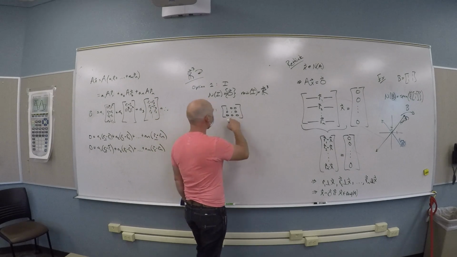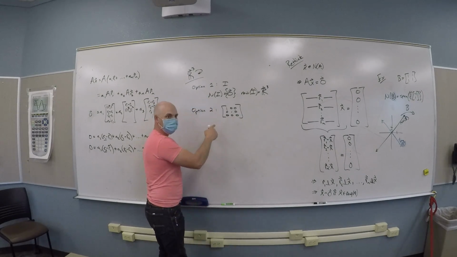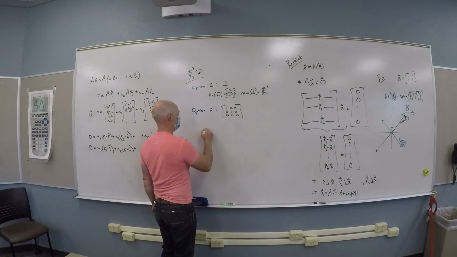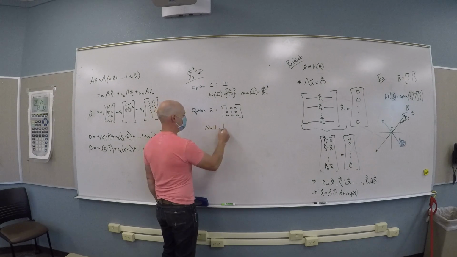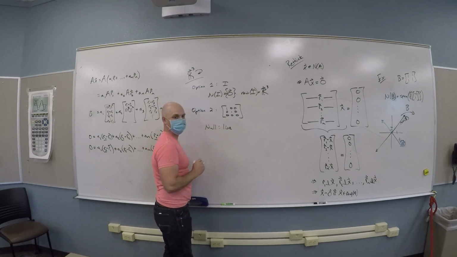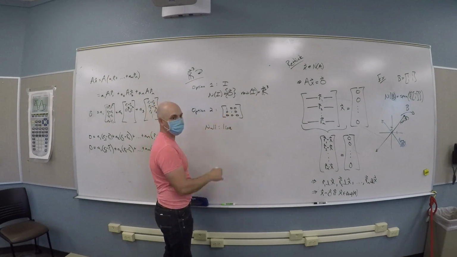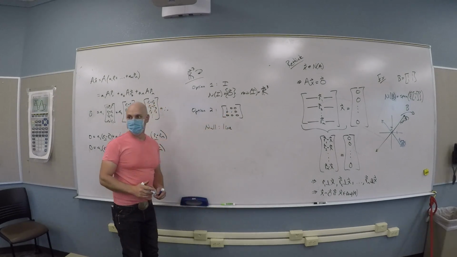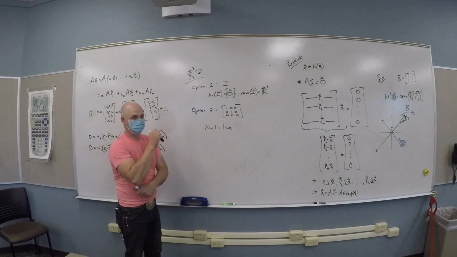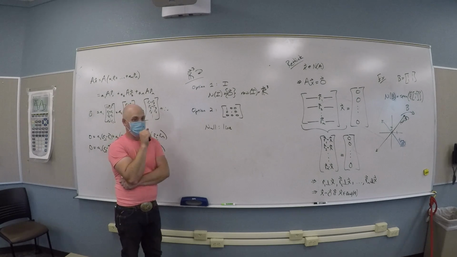Okay, so this guy's got a null space that's a line. Right, there's a one-dimensional null space. In this case specifically, what is that null space? Look at the rows.